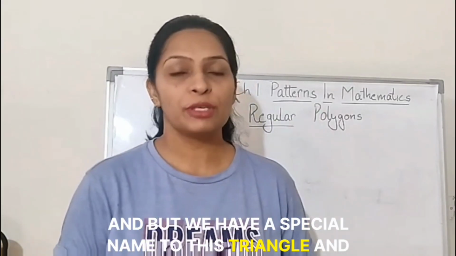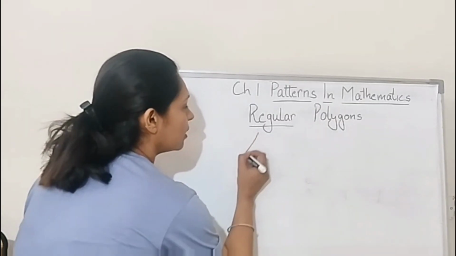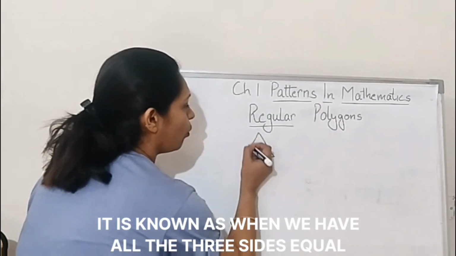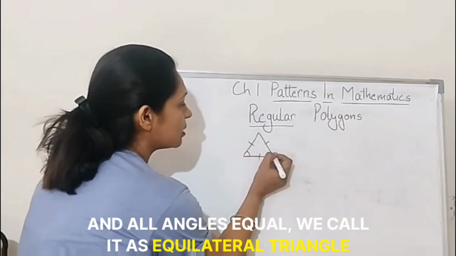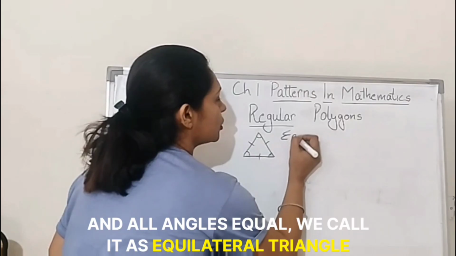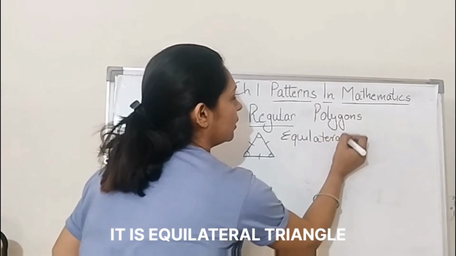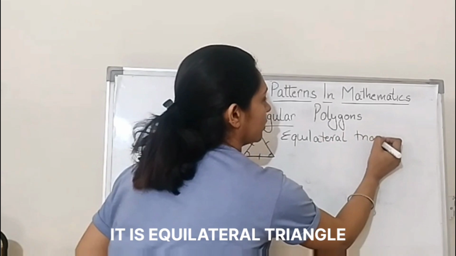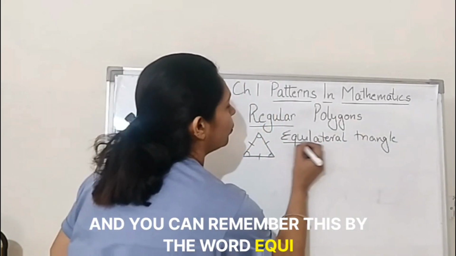But we have a special name for this triangle. When we have all the 3 sides equal and all angles equal, we call it an equilateral triangle. And you can remember this by the word equi.